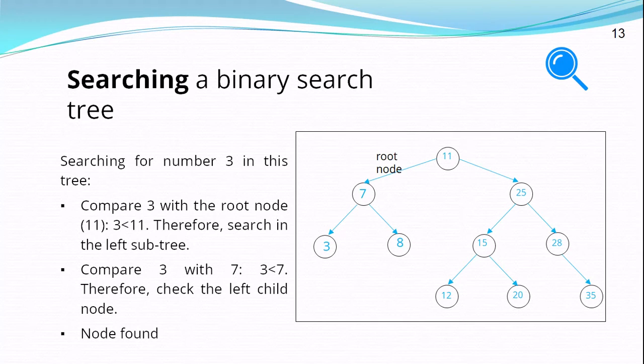So let's have a look at the issue of searching for a particular value in a given search tree. For example, does the number 15 occur in the search tree? Well, what's the method for performing a search for 15 in the tree?